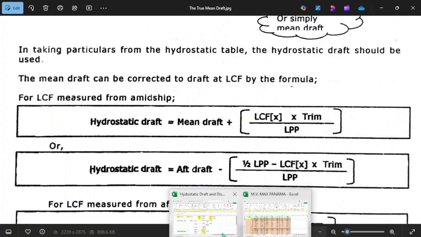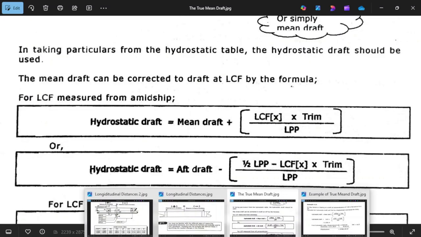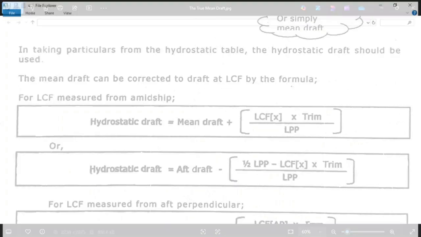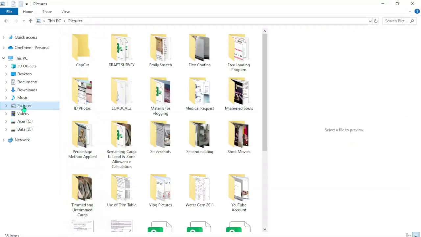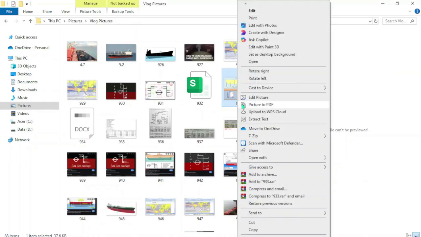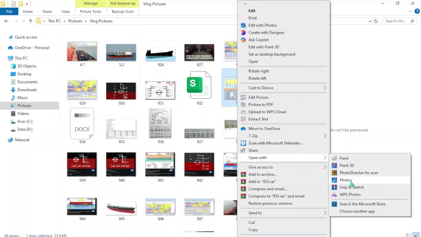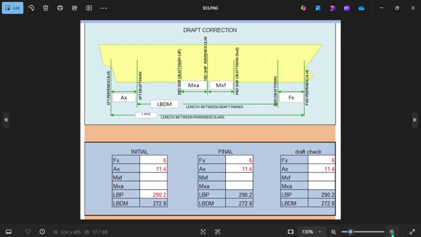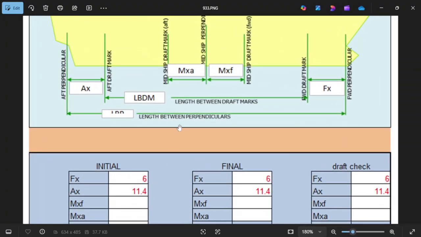LPP is, okay, I'll show you LPP. This is length between perpendiculars.